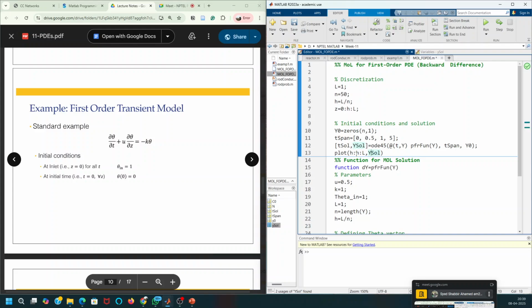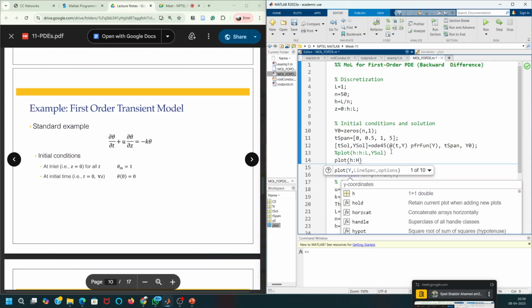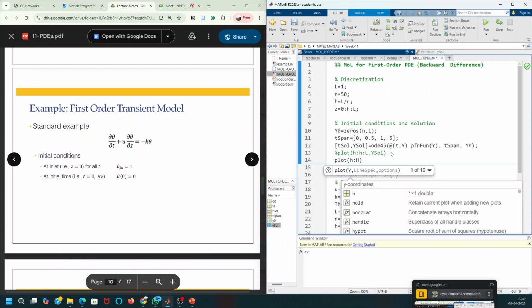If you want to plot, I can plot t solve against y solve.